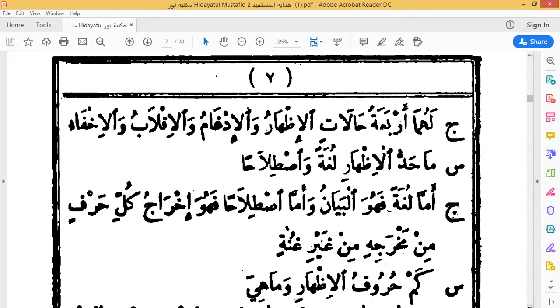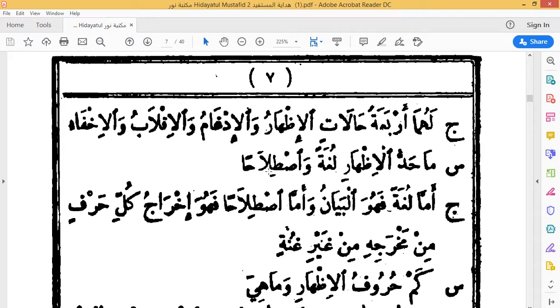So the next question under this chapter is Ma haddul izhar lughatan wa istilahan. What is the definition of izhar lexically and contextually? If I say lexically, meaning in the day-to-day usage of Arabic, without looking at its relation to a particular subject, just the language usage of izhar.